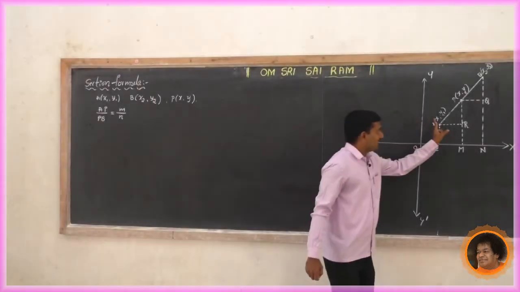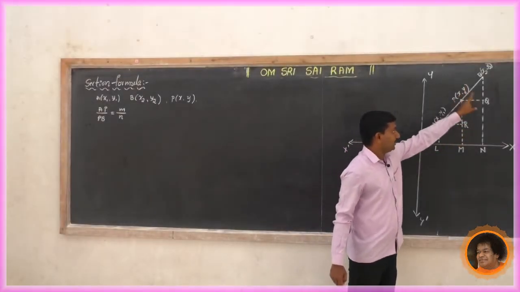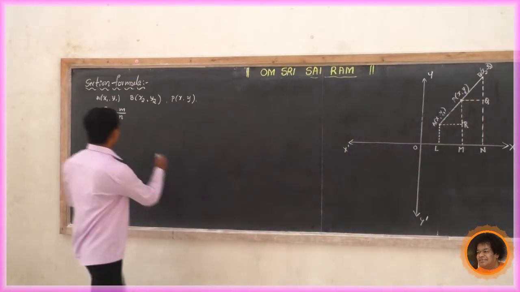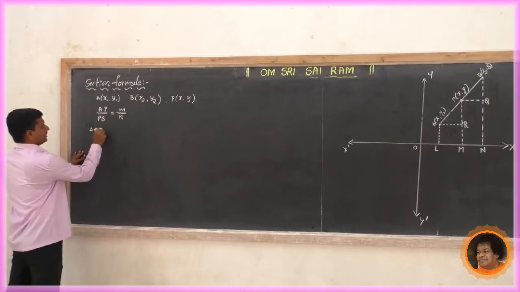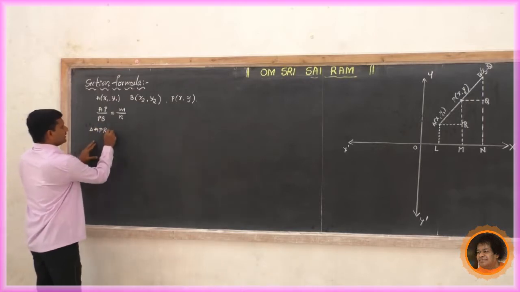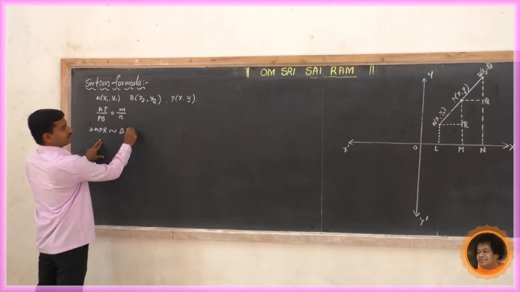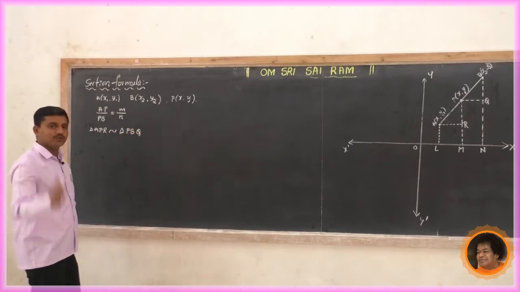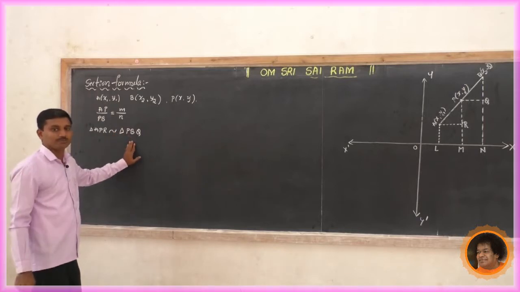So here triangle APR and triangle PBQ are similar triangles. You know that if two triangles are similar, then their corresponding sides are proportional.